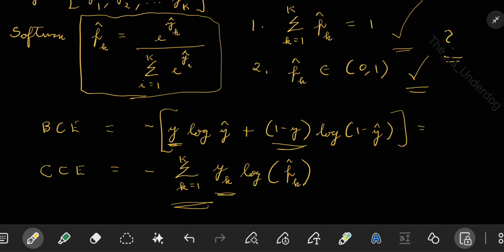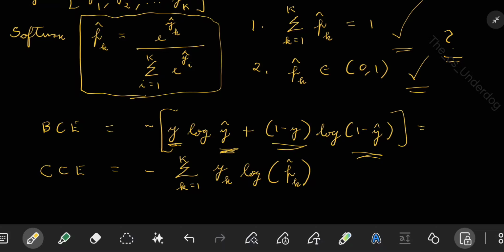The same thing here I am depicting as yk. And here, these are the probabilities. I told you y cap is the probability of class 1 and 1 minus y cap is the probability of class 0. In the same way, pk cap we had seen here is the probability of class k according to the model.